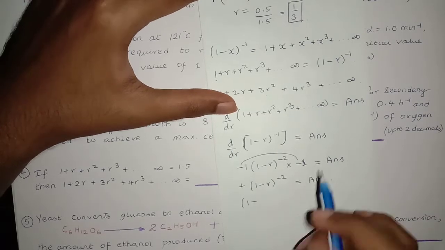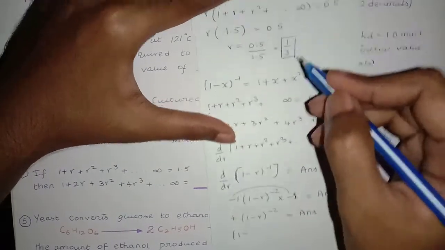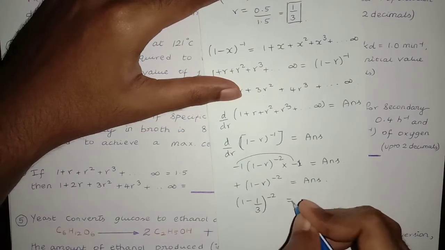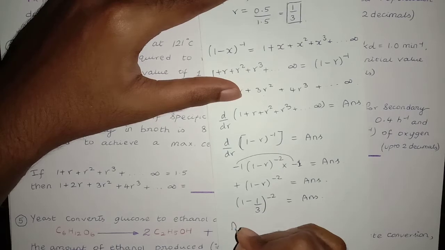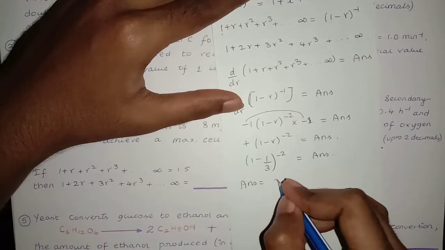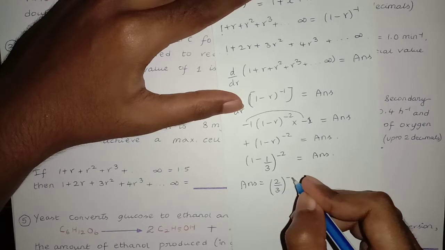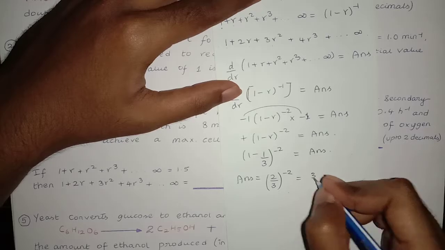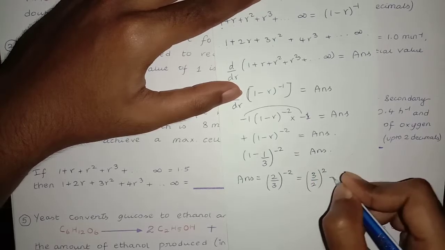So 1 minus the value of r which we initially found, 1 by 3, so (1 - 1/3)^-2 is the required answer. Therefore the answer is equal to 1 minus 1 by 3, which is 2 by 3, raised to the power -2. Let's reciprocate, that is (3/2)^2.